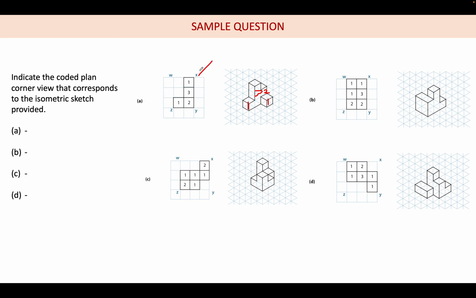X. Okay. So X is one option. In this option if you see, there is 1, there is 3 and 2. The 3 and 2 are coming on the left hand side. But in this case this 1 is there. Okay. W. Okay.